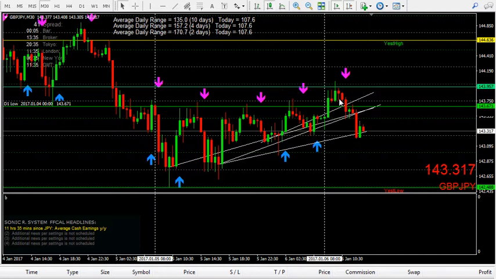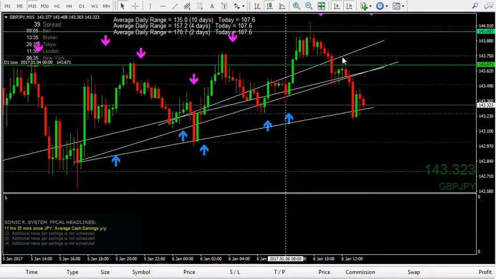All of this is fairly discretionary, I understand that, but the whole point is that once you watch charts and price action enough, you start to learn the way a particular currency pair moves. You'll see I trade mostly pound yen. I mostly talk about pound yen, and this is how I've executed the trade and how I've gathered my profit.